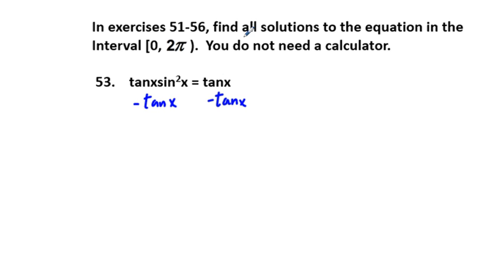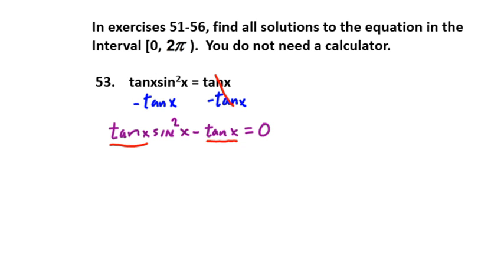So subtracting tangent x from both sides of the equation, we cancel on the right, and on the left we have tangent x sine squared x minus tangent x is equal to 0. And we look for a common factor between these two terms, and we find that it's tangent x.